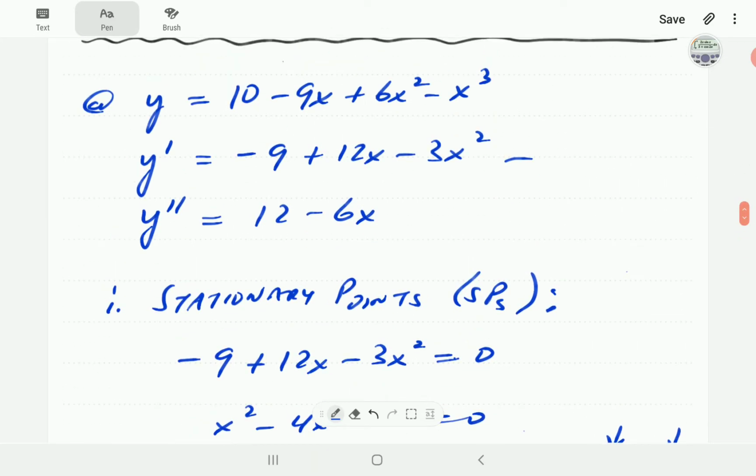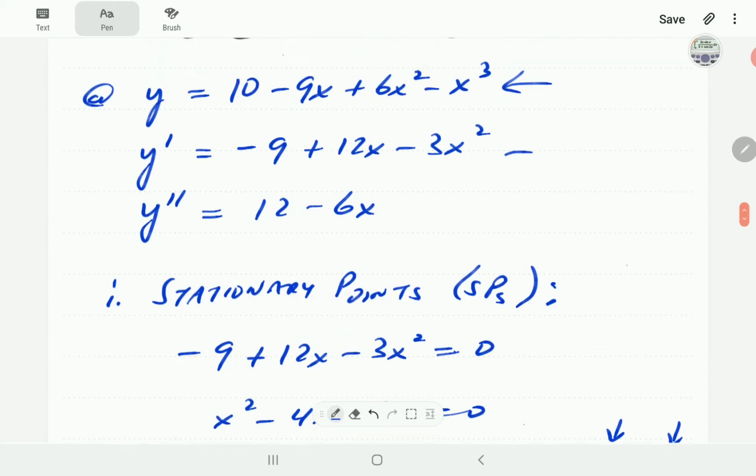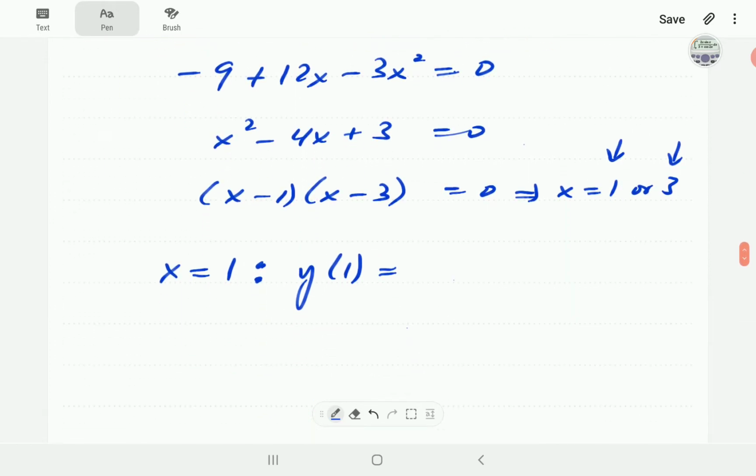And so for this, we go back to the equation for y and we plug in x equals 1. When we do that, that's just going to be the sum of the coefficients there. So we're going to have 10 minus 9 plus 6 minus 1. This works out to 6. So this is telling us that the stationary point is at (1, 6).